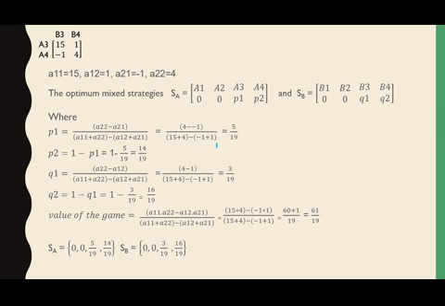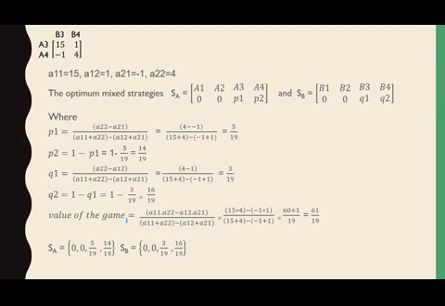So when I apply it in P1, I get P1 value to be 5 by 19. So if P1 is 5 by 19, P2 is 14 by 19. Substituting the values in Q1, I get 3 by 19. If Q1 is 3 by 19, Q2 will be 16 by 19.